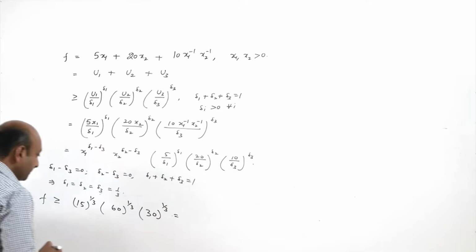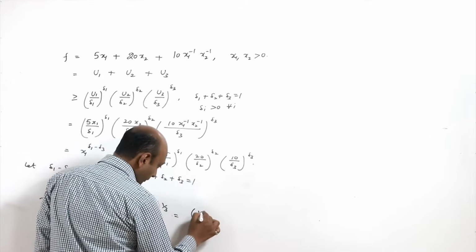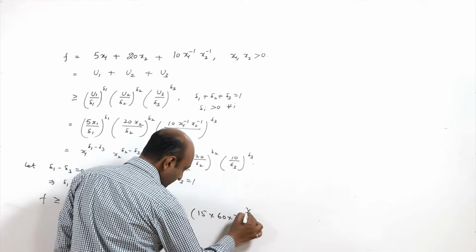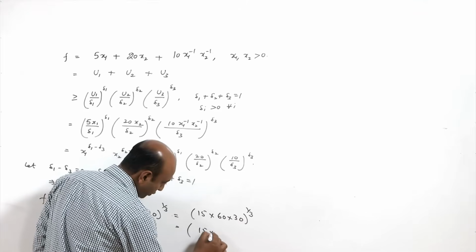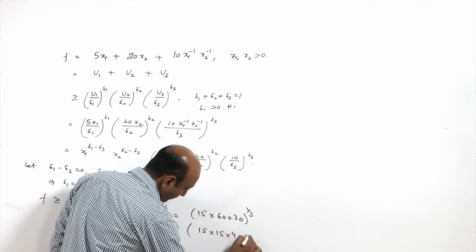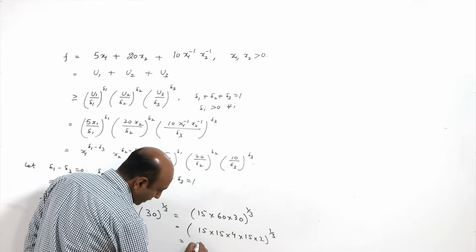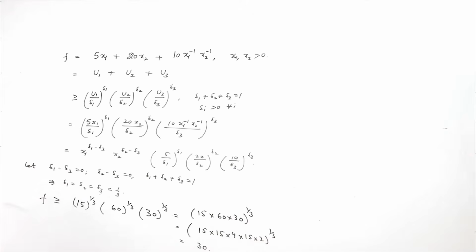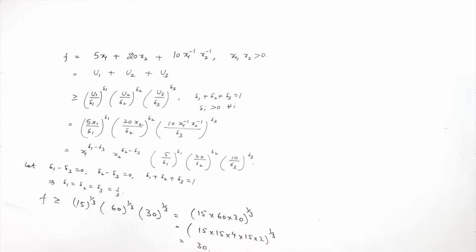So, this is nothing but (15 into 60 into 30) whole raised to power 1 by 3. That we can compute: it is 15 into 15 into 4 into 15 into 2, raised to 1 by 3, that is 15 into 2, that is 30. So, this is the minimum value of f. f is greater than or equal to 30, that means the minimum value of f is 30.